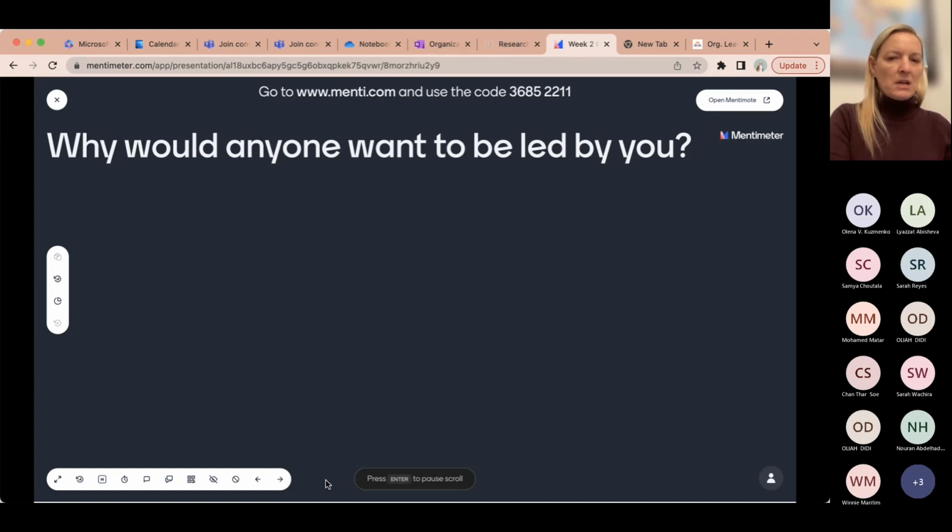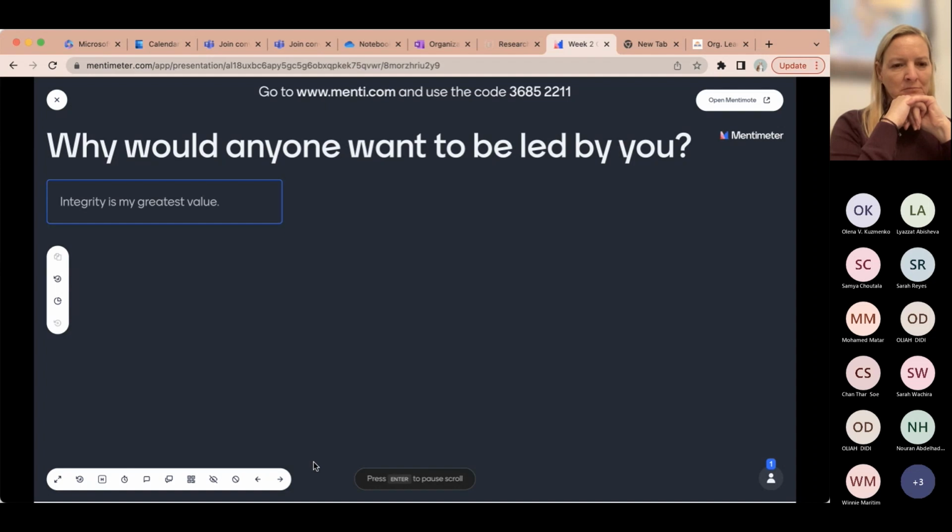So I am going to type in the code. And if you just briefly describe why anyone would want to be led by you. It's not going to show your name, so don't worry. Integrity is a great value to have as well.